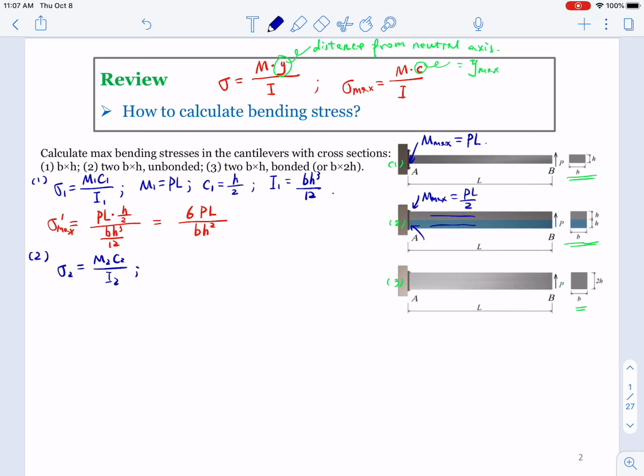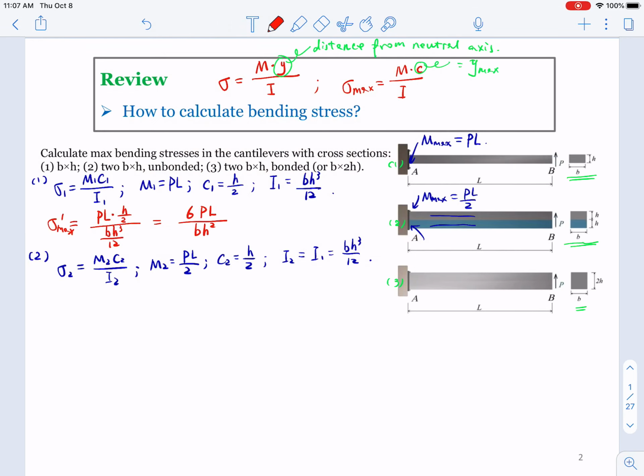So M2 will be PL over 2, and C2 is still h over 2. The I2 of each of them will be the same as I1, which is BH cubed over 12.